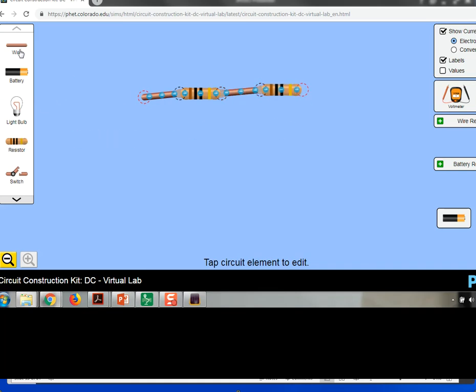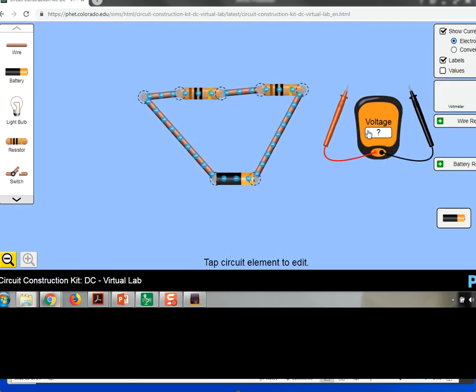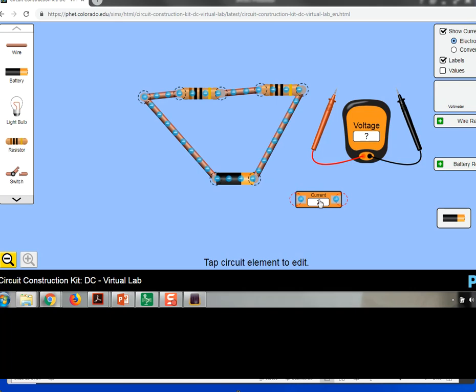Here I'll make a very simple circuit of two resistors in series with a battery. You can see now the flow of electrons. You can use the voltmeter and the ammeter. Keep in mind that you'll have to break the circuit in order to measure the current going through the battery.